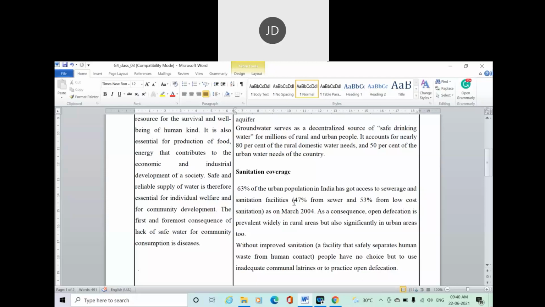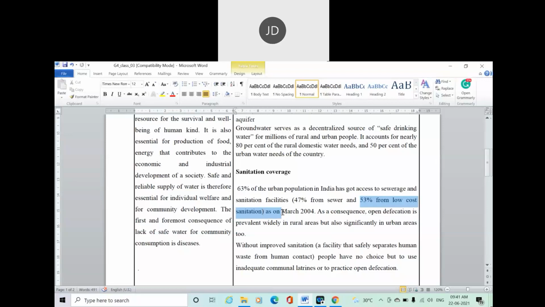Okay, that means 47% of the total population are connected with the sewer, that means a centralized sewer treatment plant, and 53% of the population are connected with basic, low cost sanitation, meaning on-site sanitation, which is not proper basically.